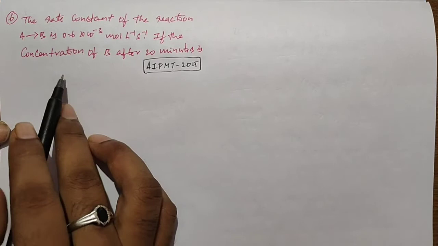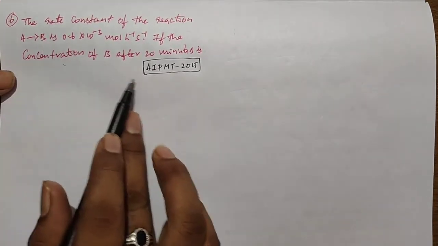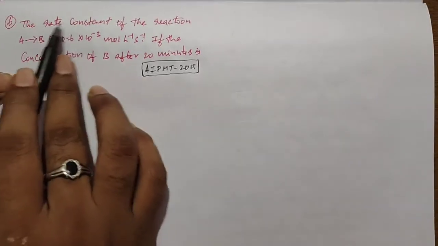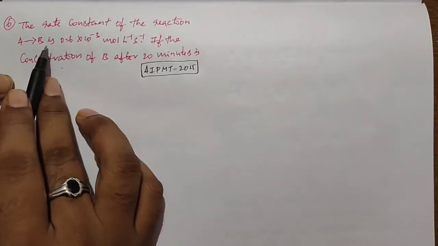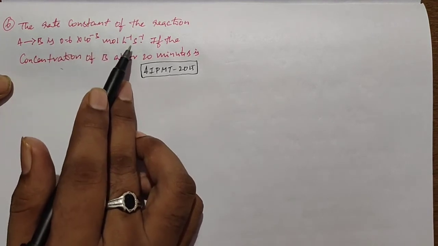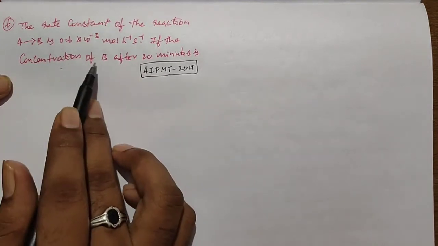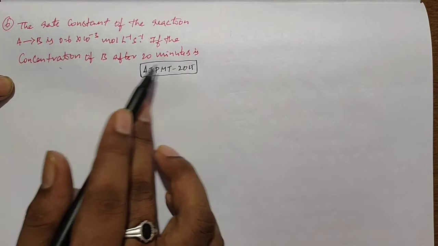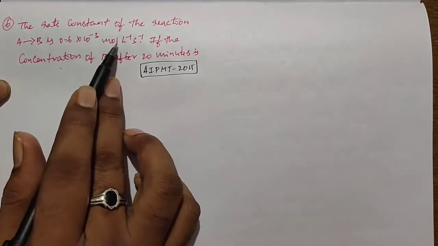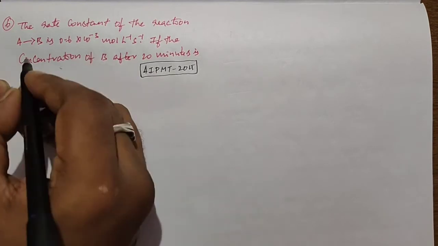Okay students, this is the next problem. This problem is from the All India Pre-Medical Test 2015 paper. The rate constant of a reaction A gives rise to B is 0.6 × 10^-3 mol L^-1 s^-1. What is the concentration of B after 20 minutes? Based on the units of the rate constant, it is a zero order reaction.